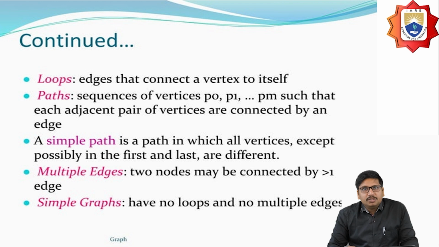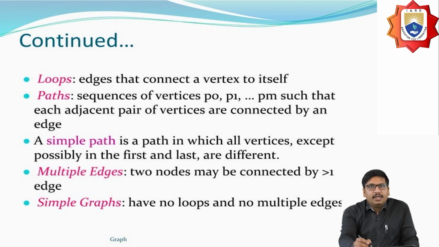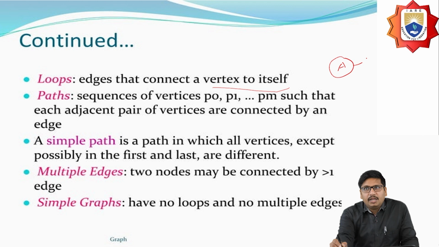And next, loops. What is a loop? An edge that connects a vertex to itself is called a loop. So if I have a vertex, the edge which connects the same vertex to itself we call a loop.